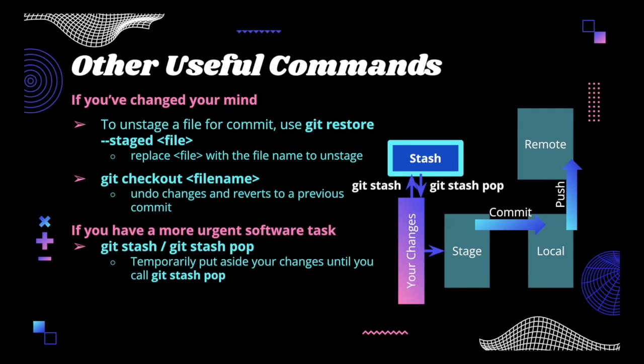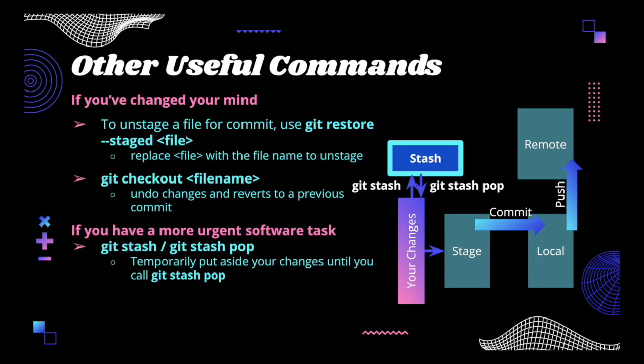Here are some other useful commands. If you've changed your mind about a change, you can unstage it for commit using git restore --staged file, or you can undo your changes made locally and revert to a previous commit using git checkout file name.